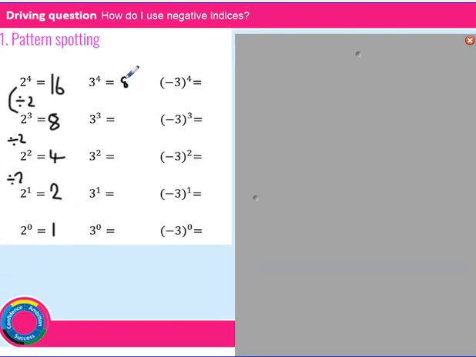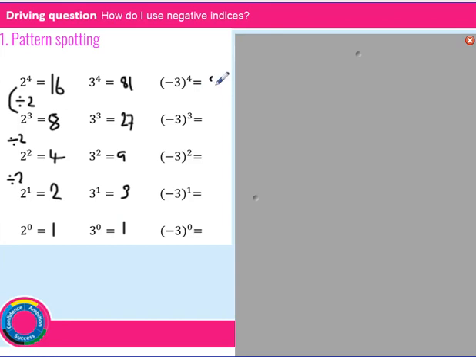3 to the power of 4 is 81. 3 cubed is 27. 3 squared is 9. 3 to the power of 1 is 3. So here, what are we dividing by each time? Dividing by 3 each time. And 3 divided by 3 is 1. 3 to the power of 0 is 1.